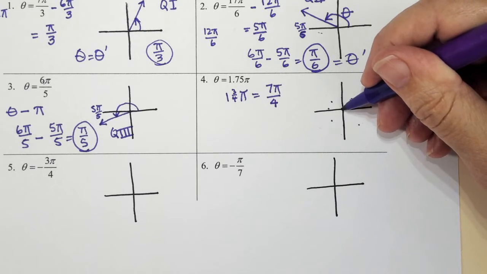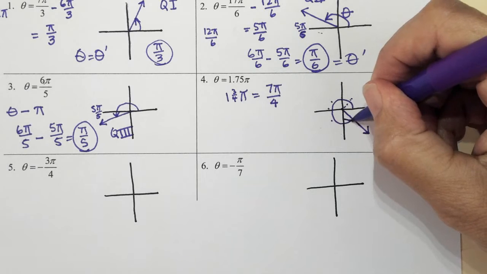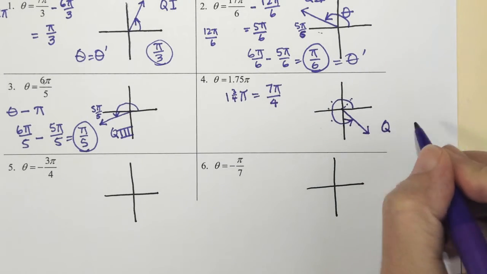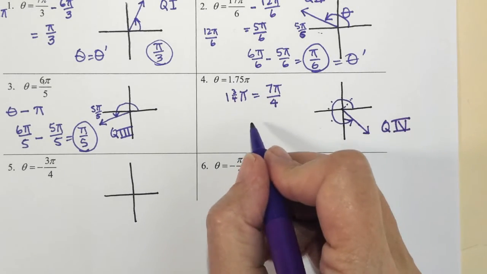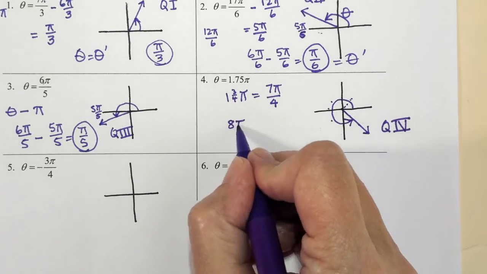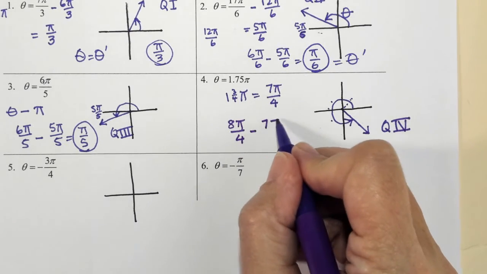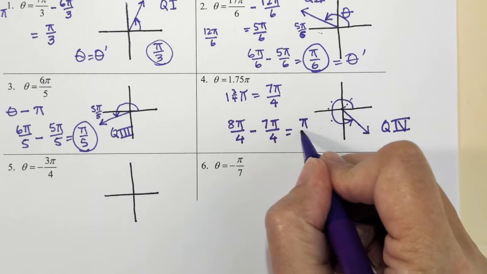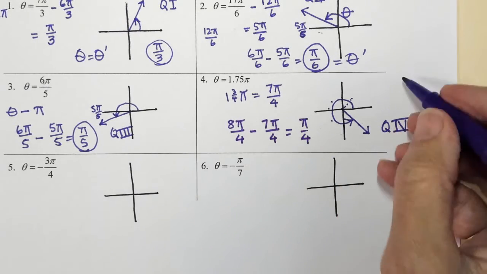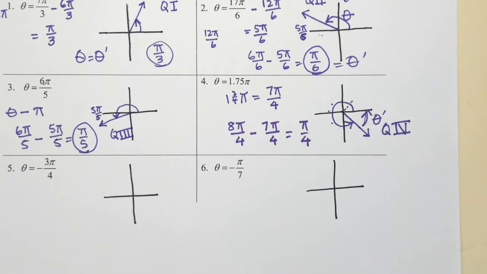So this would be my 7/4 all the way around here. So this one falls in quadrant 4. So when it's in quadrant 4, I take 2 pi, which in this case I'm going to use the substitution 8 pi over 4, minus my theta, 7 pi over 4, to get pi over 4, which would be my reference angle right here, theta prime.